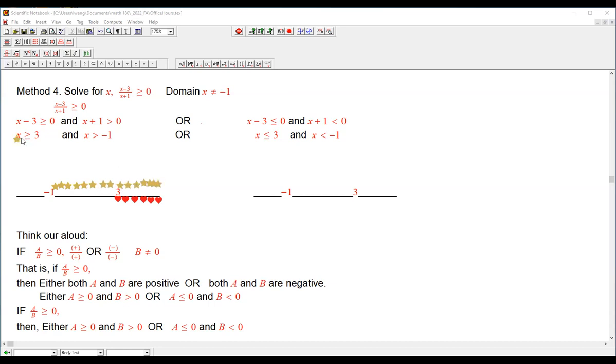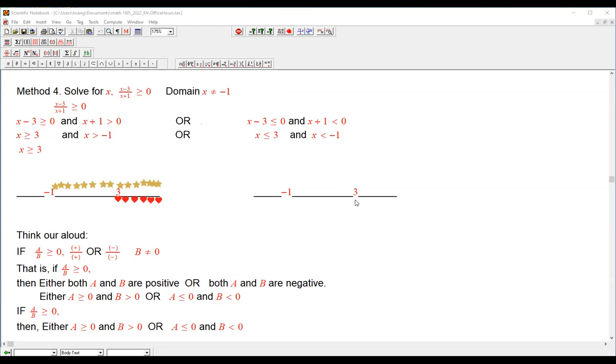This statement and that statement is true if both are true. So the result of the combination is going to be x is greater than or equal to 3, because only this piece is shaded twice. And the second one is the same story.